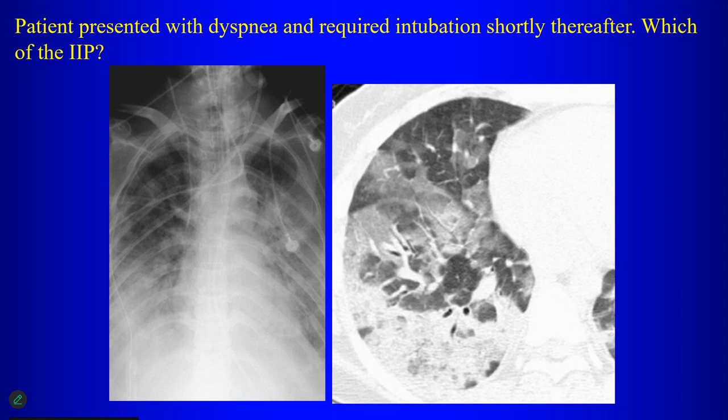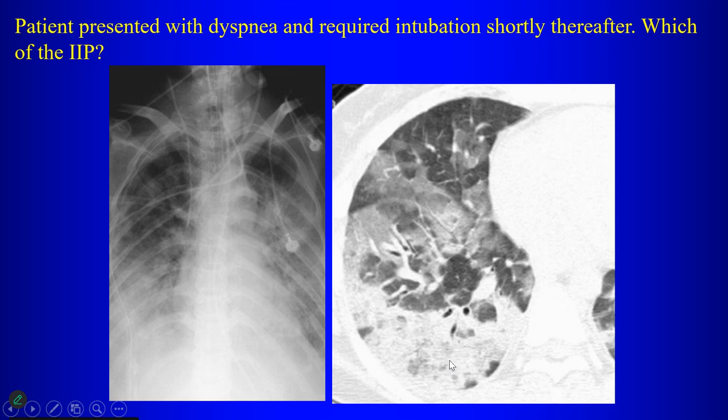The feature on the CT that might be associated with ARDS is what? There's septal thickening, there's ground glass, but what is it about the appearance that is kind of typical? Yeah, the dependency, right? So that gravitational gradient where it's worse in the posterior part of the lungs.